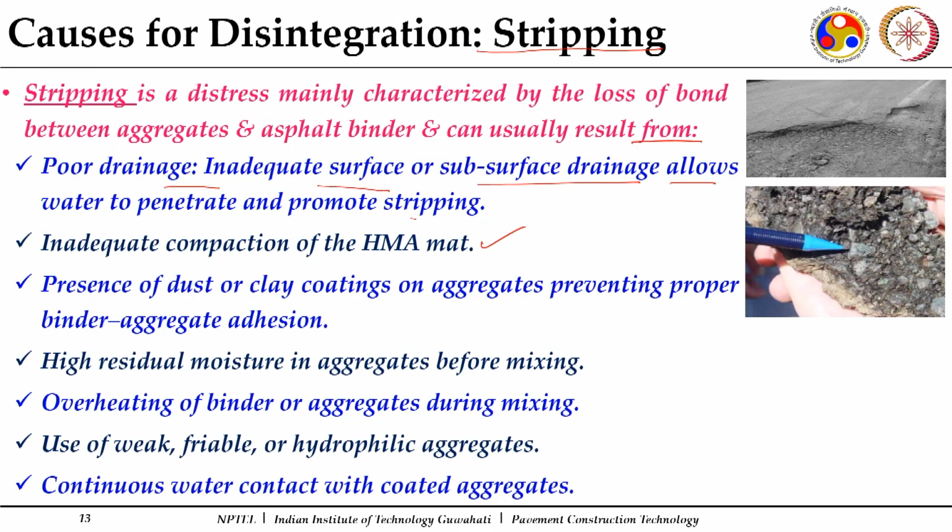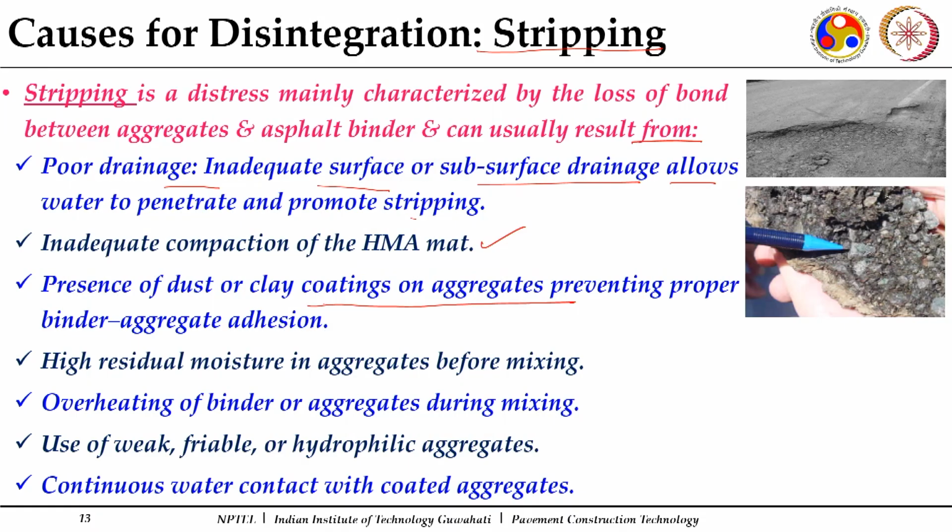Another concern is when you are using aggregates and there is a good amount of dust coating present over them. At the HMA plant, if you find that the dust coating is higher over the coarse aggregates, you will prefer first to go for wet sieve analysis, and then it may be desired that you sprinkle water over the aggregates to remove that dust film, so that you get a good coating of bituminous binder over your aggregates.